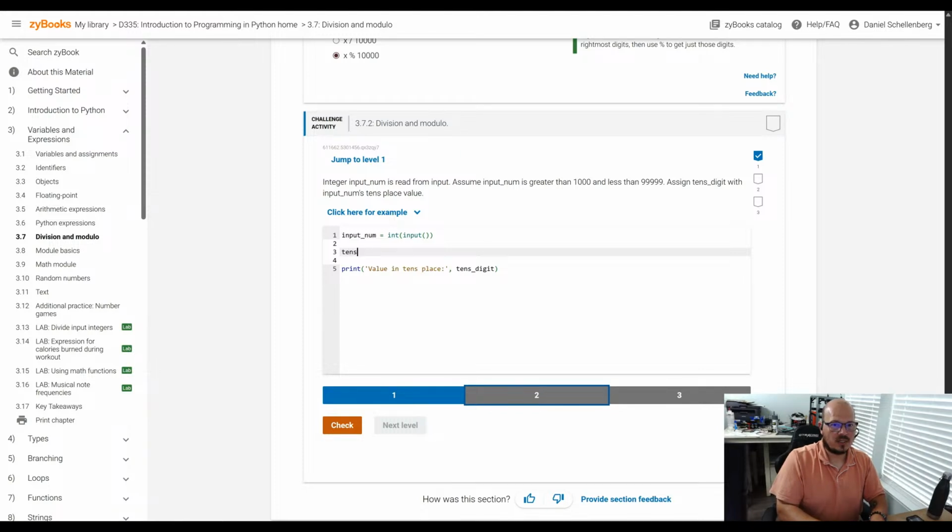So assign tens digit with input num's tens place value.